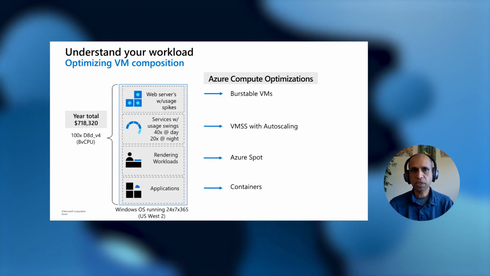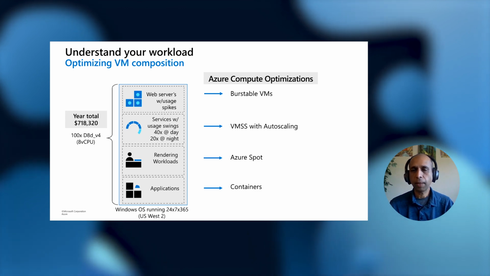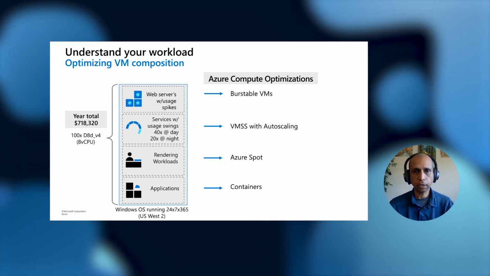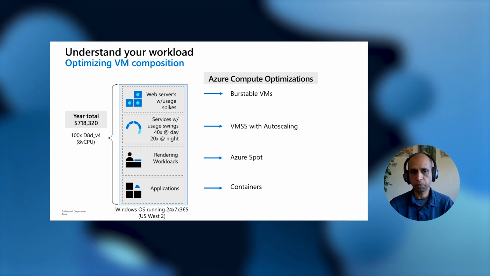For the purposes of this session, what I've done is I've tried to model the set of applications that you have in an enterprise. An enterprise doesn't have a single application. They have different workloads with different needs. So for the purposes of simplicity, I've assumed that all of these applications are deployed using a single virtual machine type.